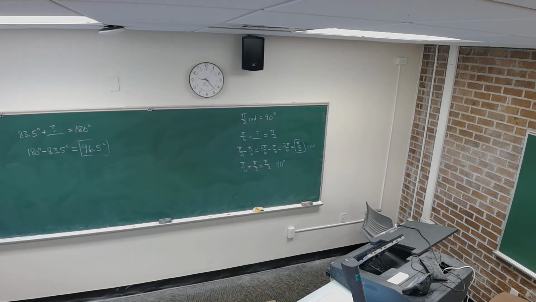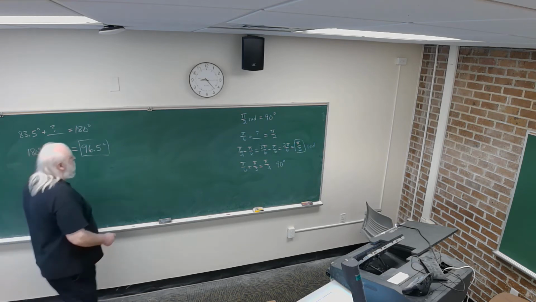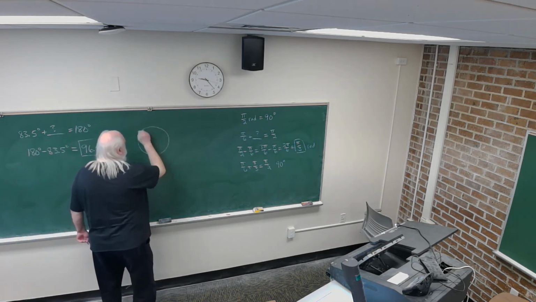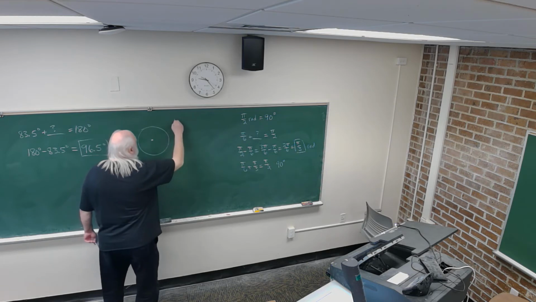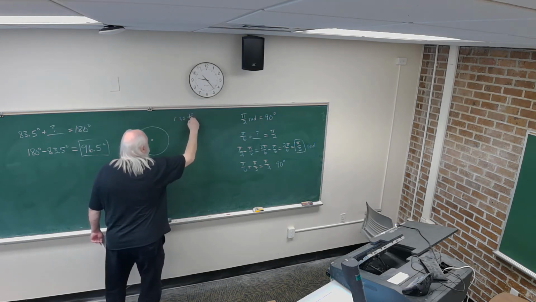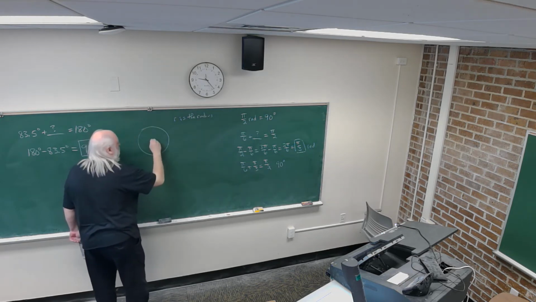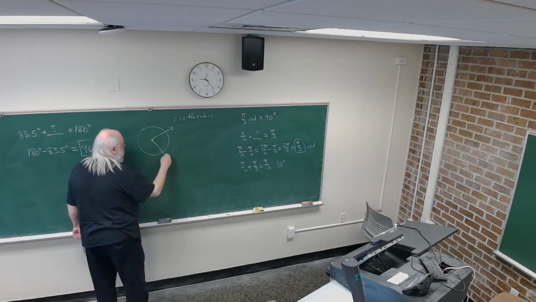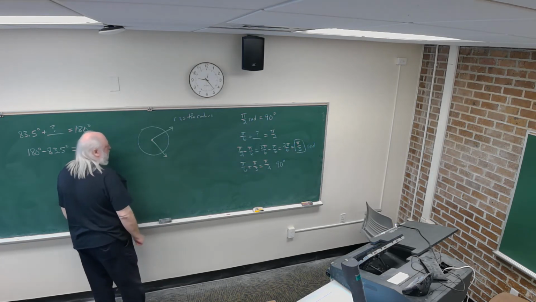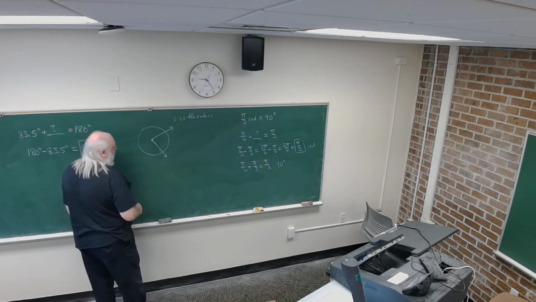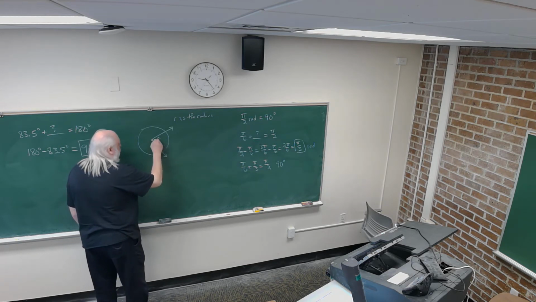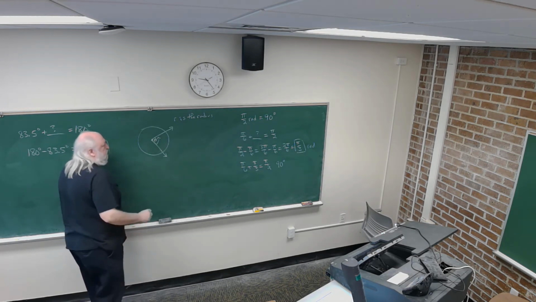Area of a circular sector with radius r and central angle theta measured in radians is given by the formula A is equal to 1/2 r squared theta. So again, here's my circle of radius r. I'm going to draw an angle at the center, with its vertex at the center. It forms an angle theta. Theta is in radians.